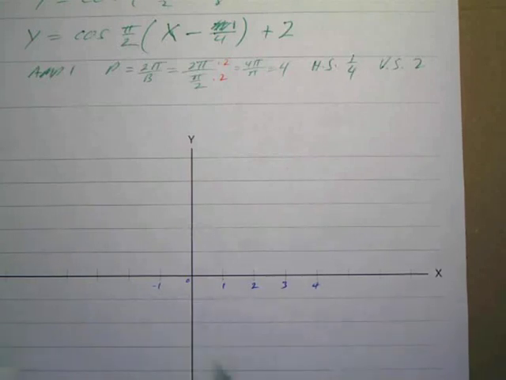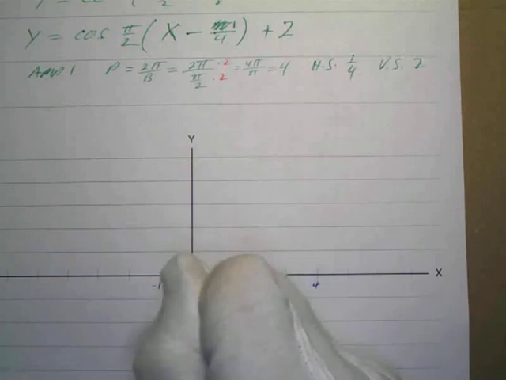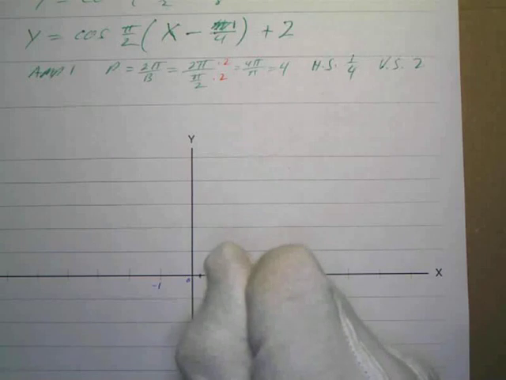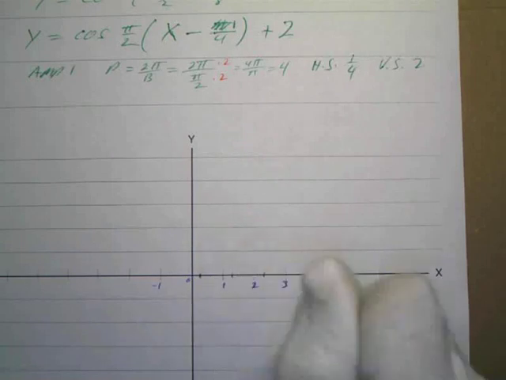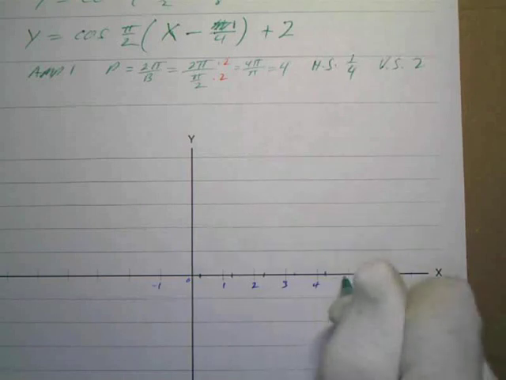I wish I would have had more increments here so I could subdivide these. So 1/4 is going to be like here, and here, and here, and here. So it's going to go to 4 1/4.